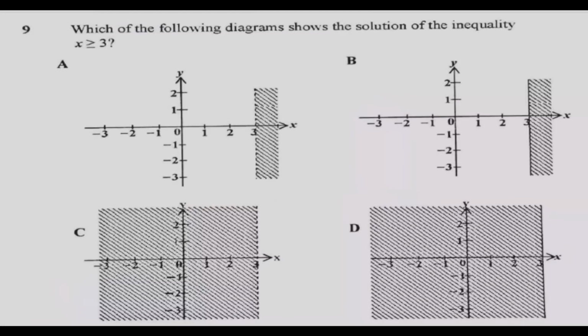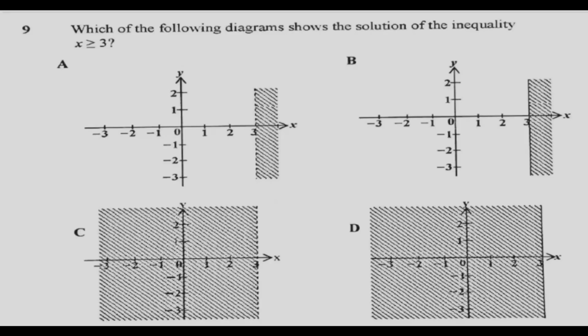Question 9 is as follows. Which of the following diagrams shows the solution of the inequality x is greater than or equal to 3? We are talking about the shaded area. Since they are saying greater than or equal to, the line cutting at 3 should be solid.